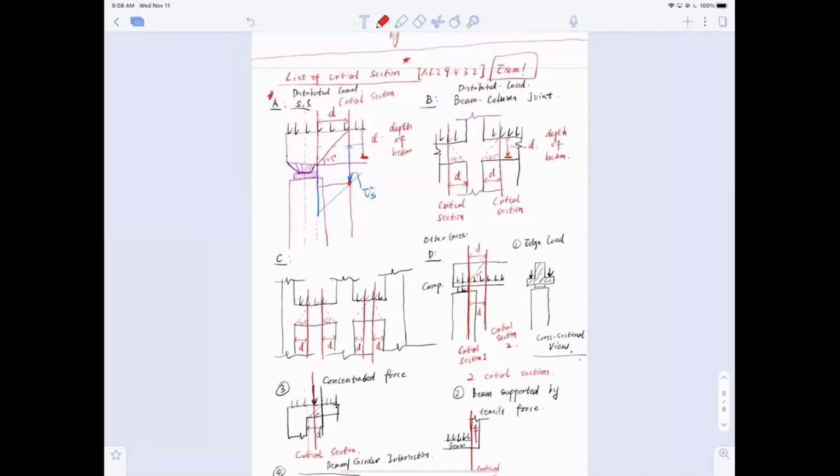And if it's continuous support, usually like B, column-beam joints or beam-foundation joints. In either case, the critical section is d, the distance away from the edge of the support. So you need to know the location of the critical section.